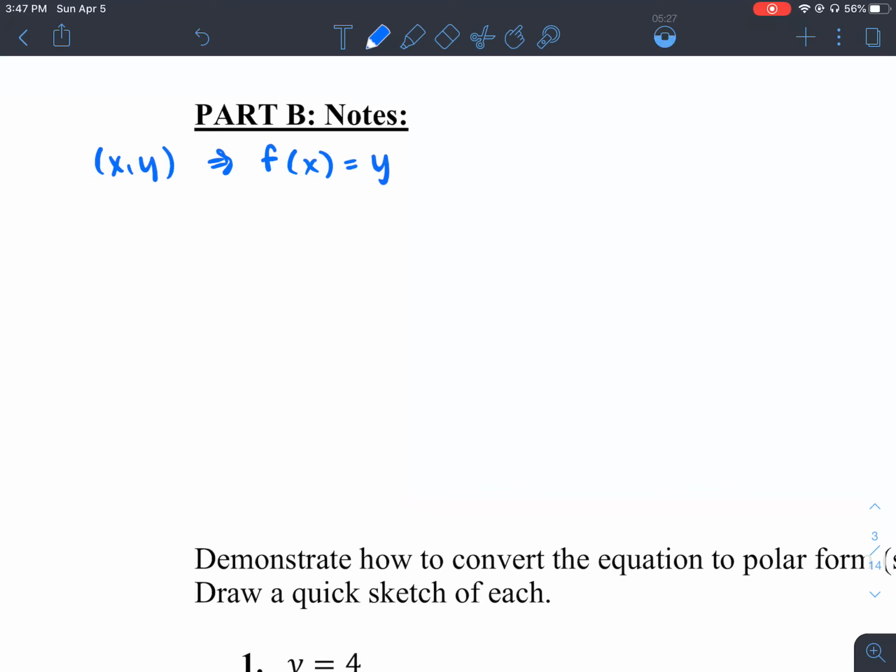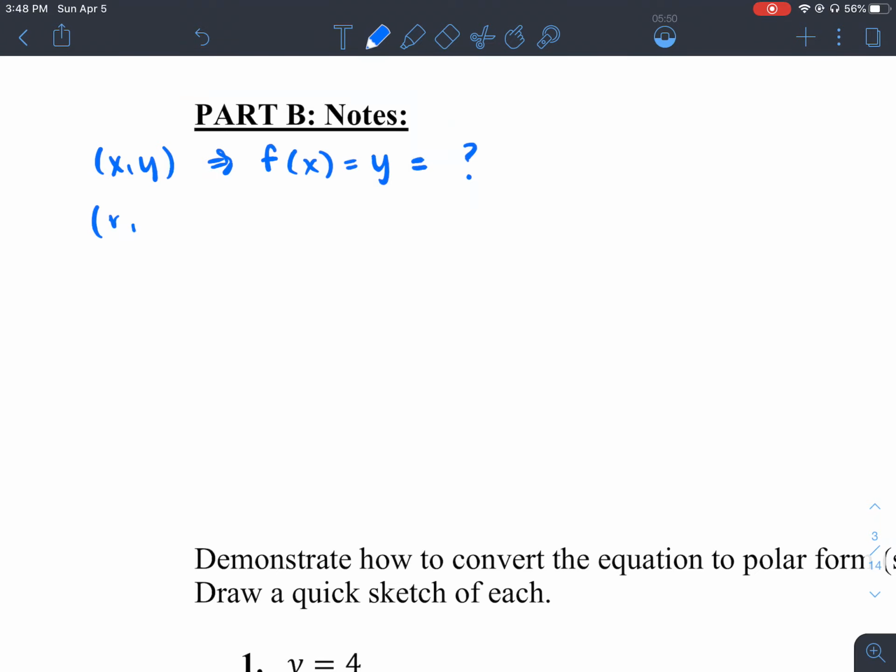I plug in an x value, I get a y value back, and we can write this as an equation, f of x equals, or y equals something. So our line equations, y equals mx plus b, or our parabolas, y equals ax squared plus bx plus c. We can write equations this way.